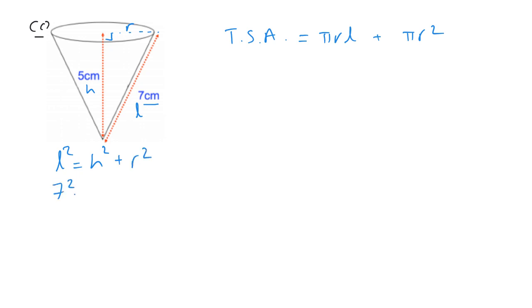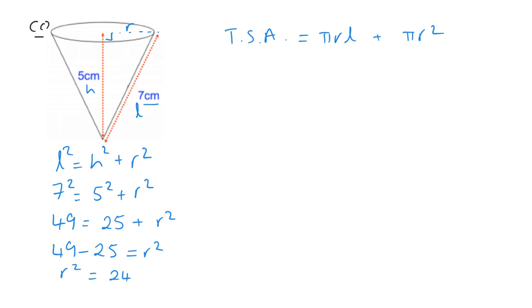That's 7 squared equals 5 squared plus r squared. Square the 7 and the 5 and we get 49 equals 25 plus r squared. Bring the 25 across and take it away, so r squared is 24. So r equals the square root of 24.